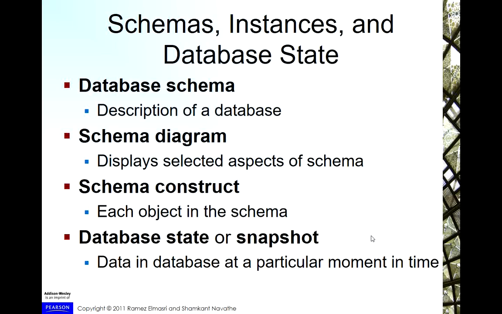Also, database state, or snapshot. If the data resides in the database at a particular time, what is available in the database at a particular time is called the database state.